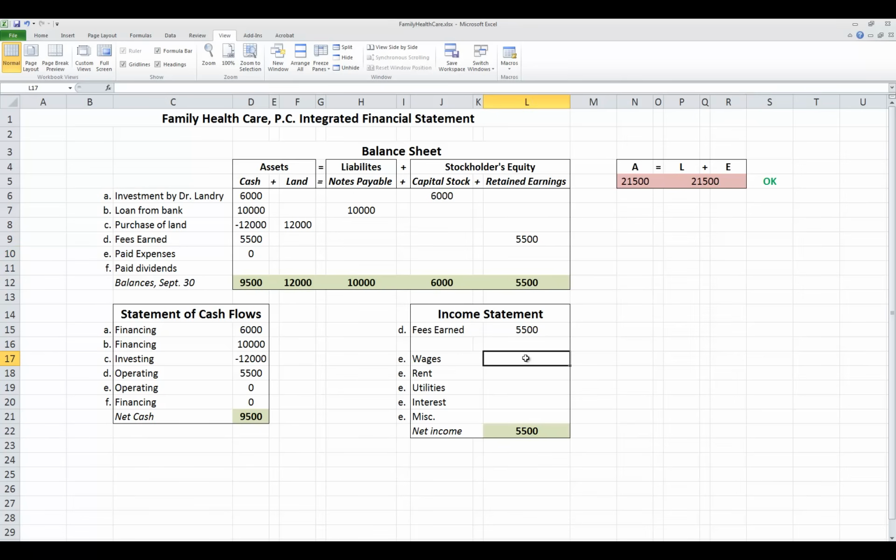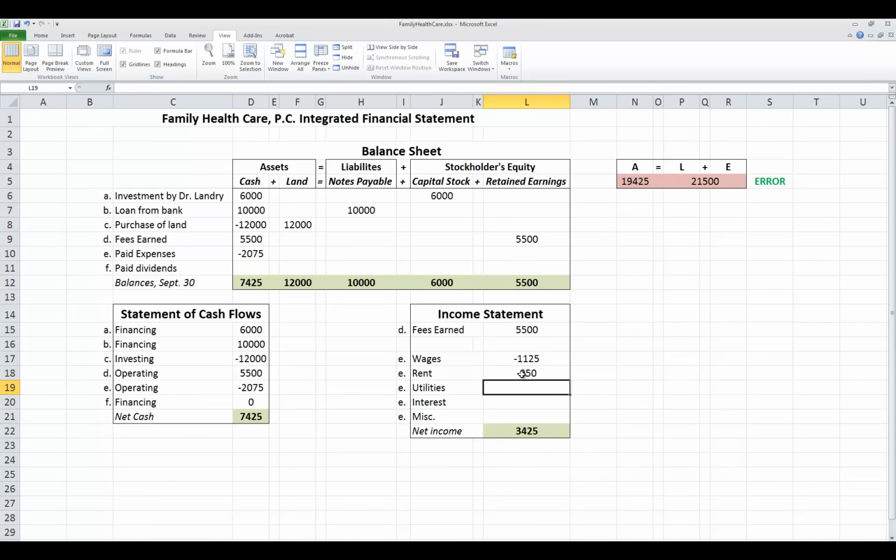So during this first month, Dr. Landry paid $1,125 in wages. He paid $950 in rent.